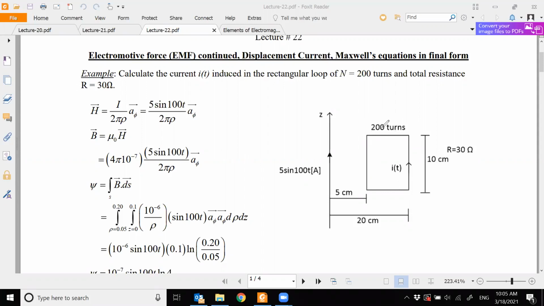After we find the flux, we can find the current through the flux. How? By getting the EMF. Yes, by getting the EMF.